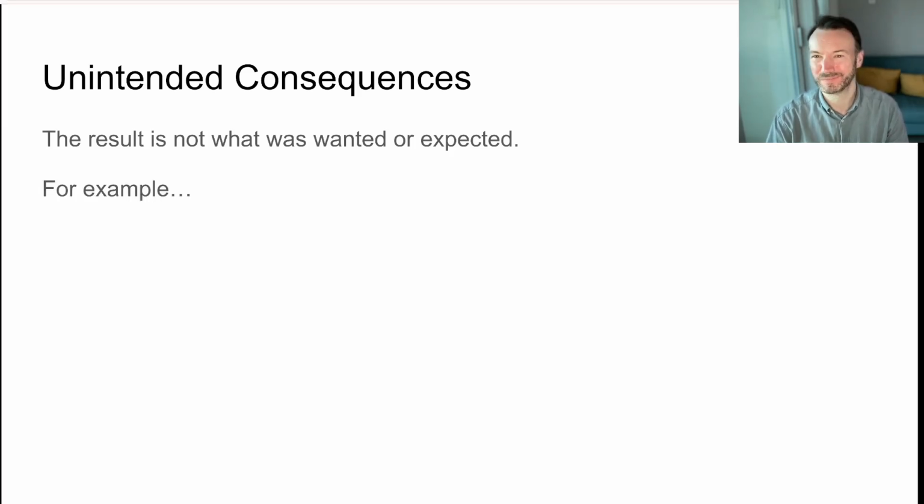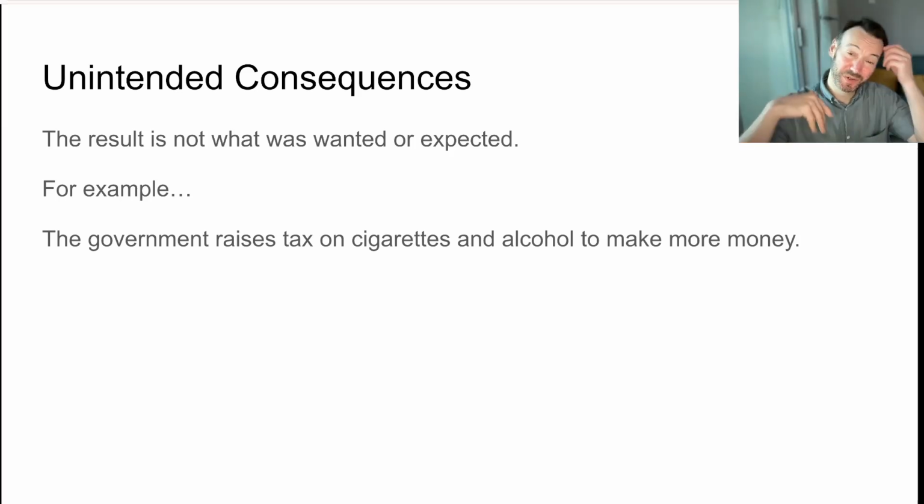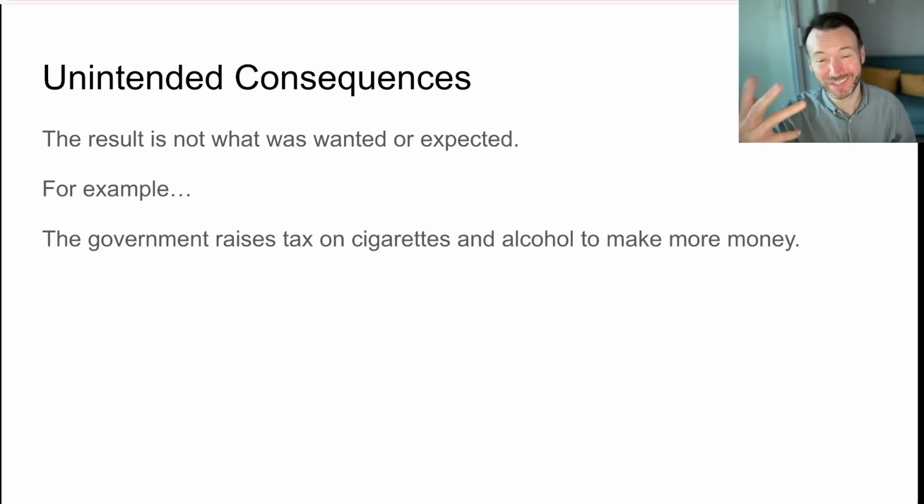So for example, the government raises tax on cigarettes and alcohol to make more money. So many people buy cigarettes, many people buy alcohol. So the intention is to make more money through tax, right? People pay more for cigarettes, pay more for alcohol.